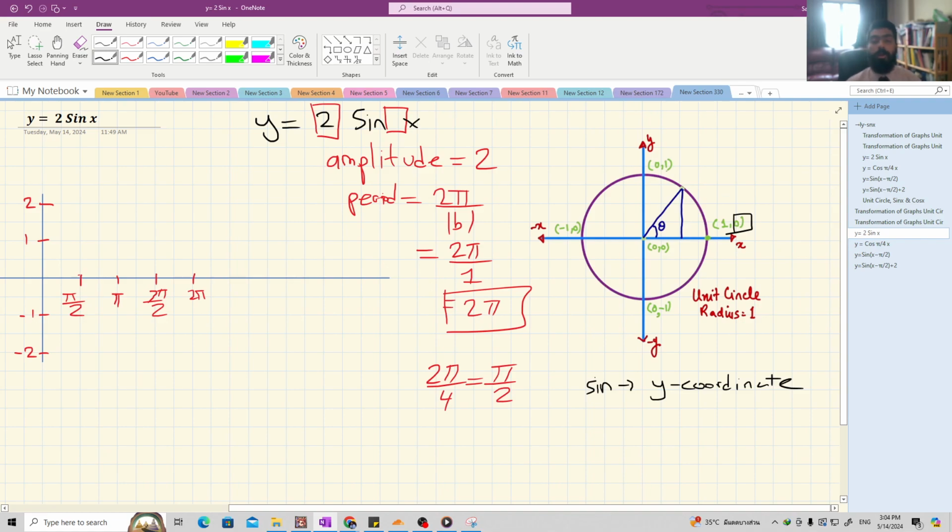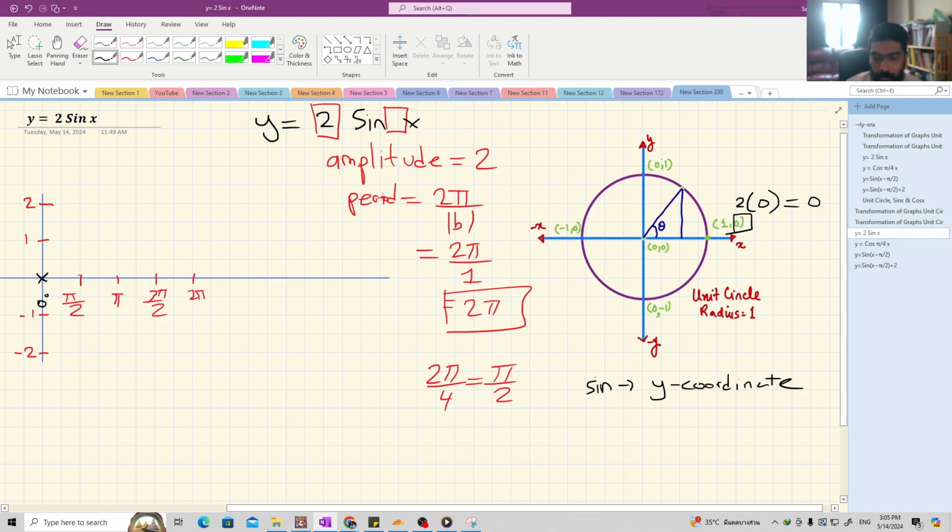But now we are not solving for sine of x, we are solving for 2 sine of x. So what we do, guys, is take 2 and multiply with 0. 2 times 0 is going to give us 0, sorry. So we are still going to plot right here at 0.